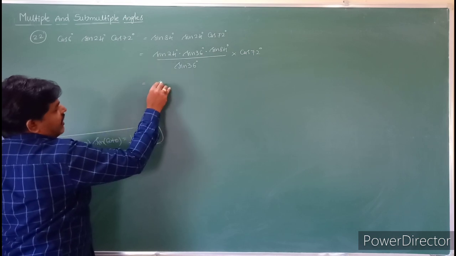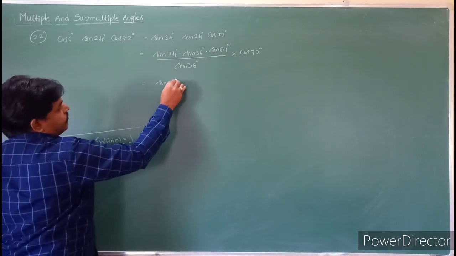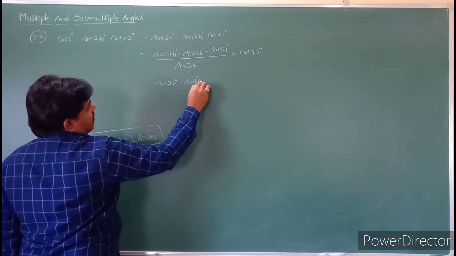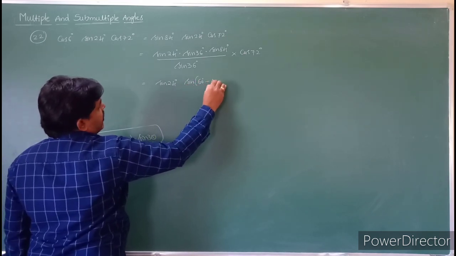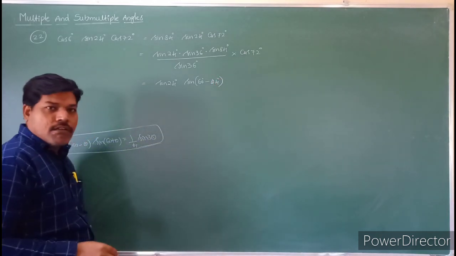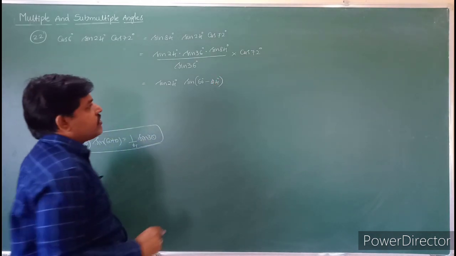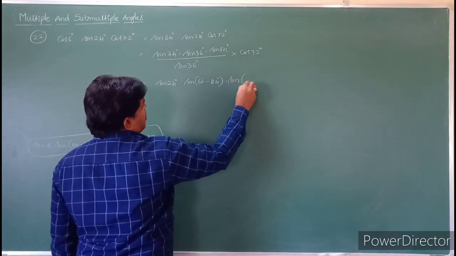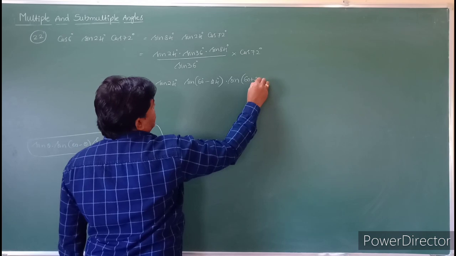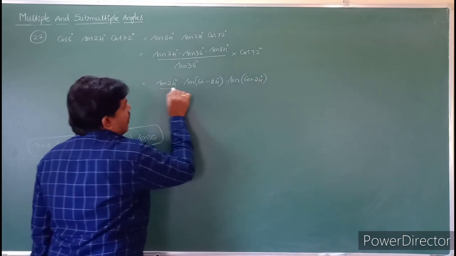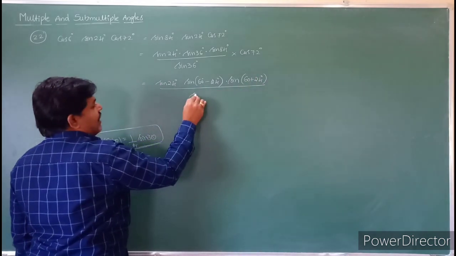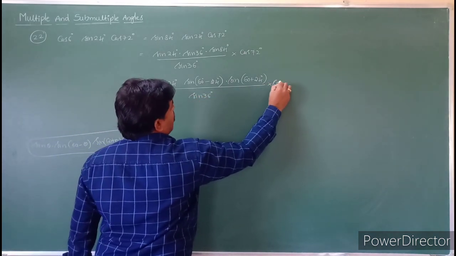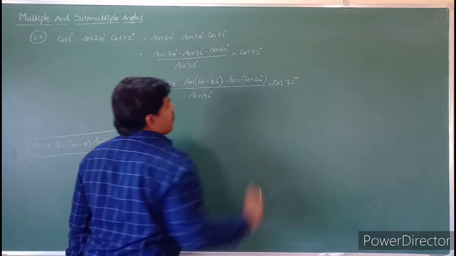Sir, why did you do this? Why? Because see that carefully, students. It is sine 24. Sine 36 is nothing but sine 60 minus 24. Yes or no? 60 minus 24 is 36. And sine 84 is nothing but 60 plus 24, by sine 36 into cos 72 degrees.